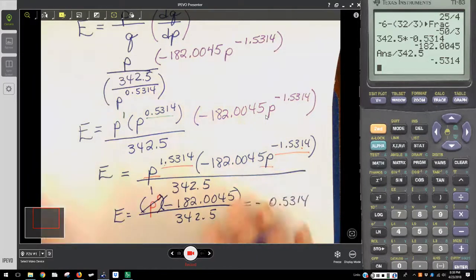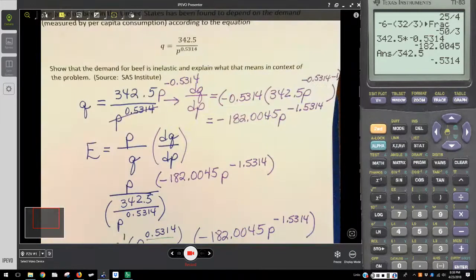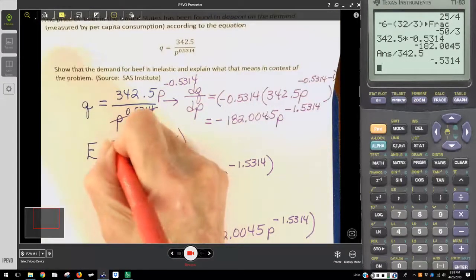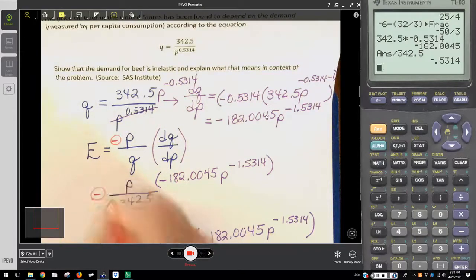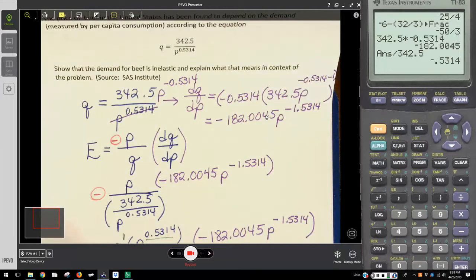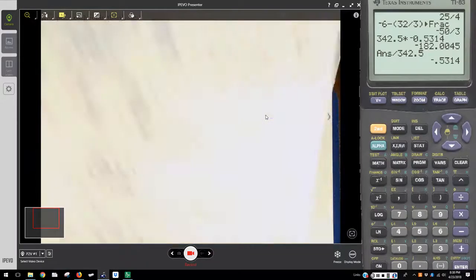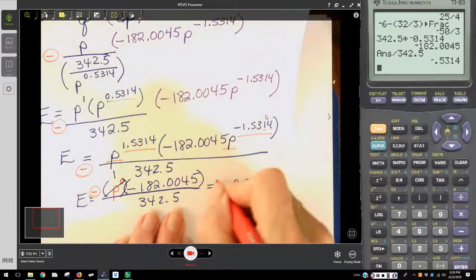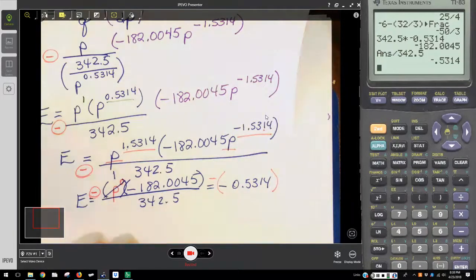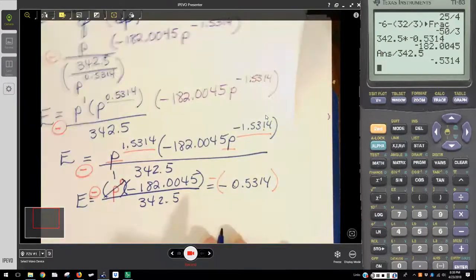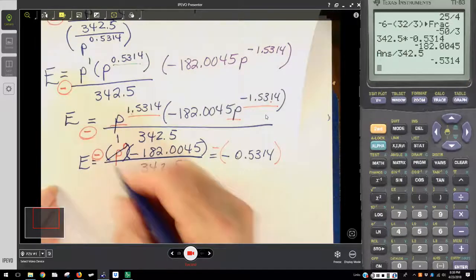And the entire quantity of E, which I have left out throughout this whole thing, this entire formula is negative to start with. So all of these all the way down have been negative. Which means that negative times negative gives you the final value of E, which is positive 0.5314.